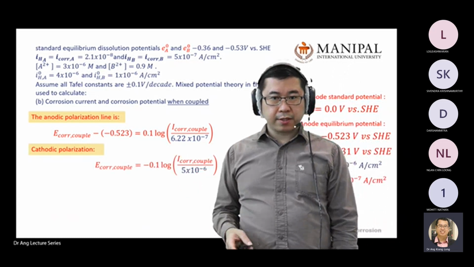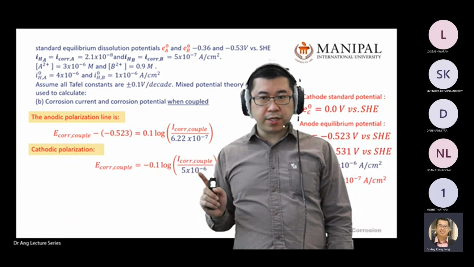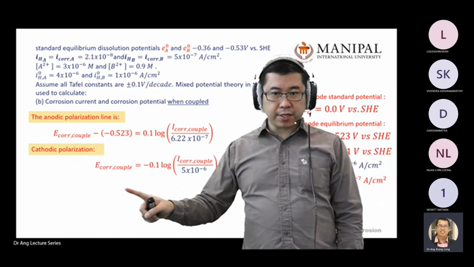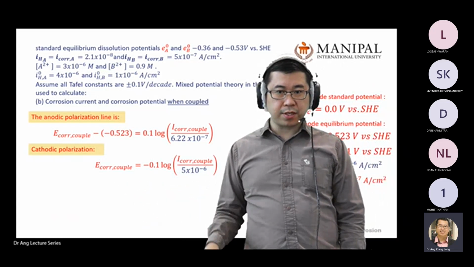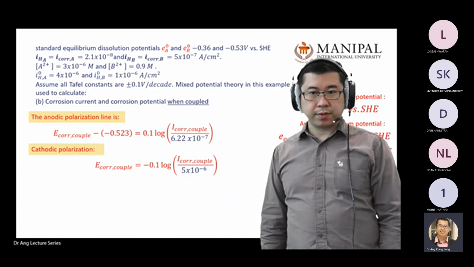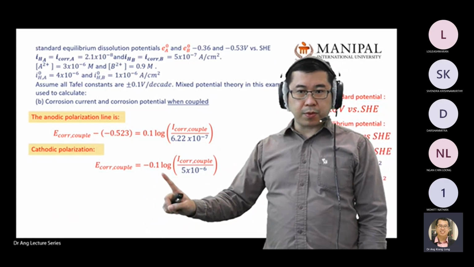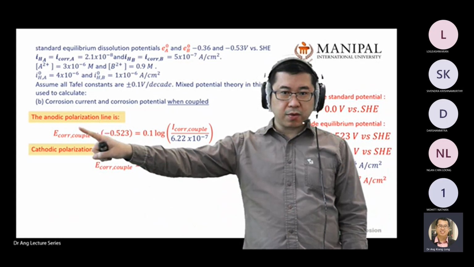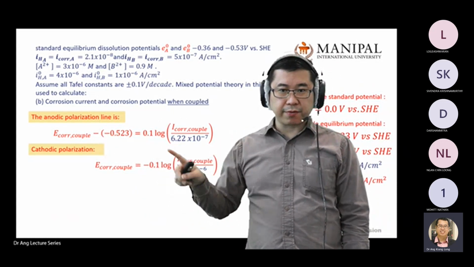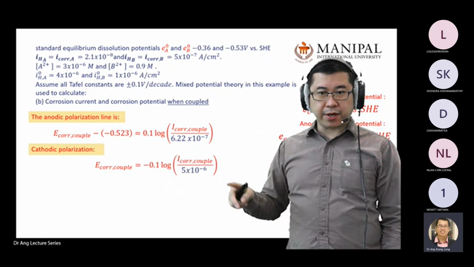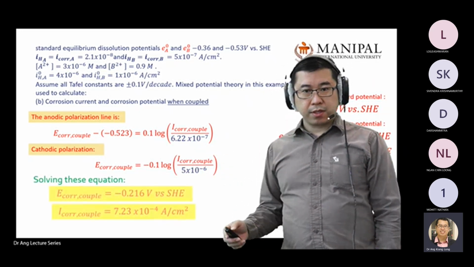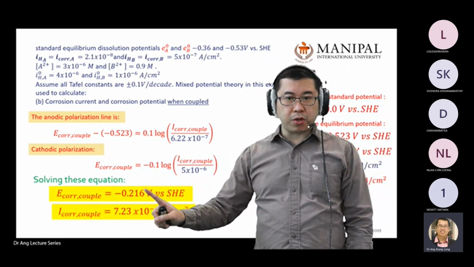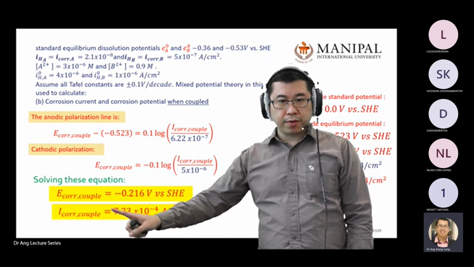Then cathodic gives you this equation. You do the same calculation. So for cathodic, just now we found this equation. 0.1 here. So you have two equations here. Again, you are finding the unknowns. You have two unknowns. Solve the unknowns. You'll get E coupled equal to minus 0.2 volt.